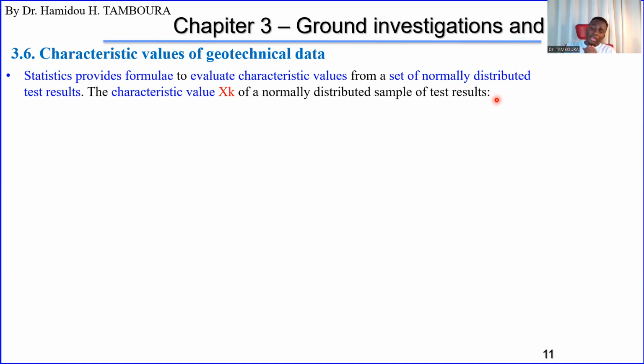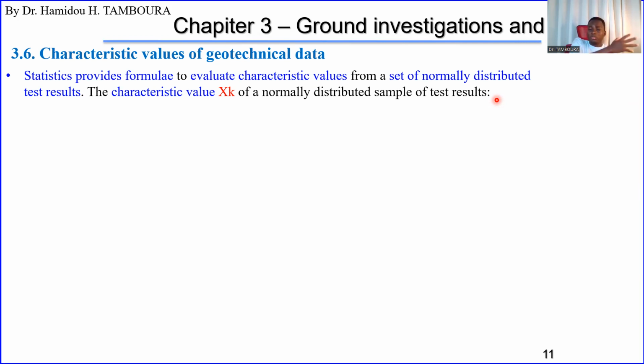So you take your test results, because you will do many lab tests and many field tests. And I think in the previous video, I explained this with the figure, saying F like field test and L like lab test. F1, F2, L1, L2, for example.